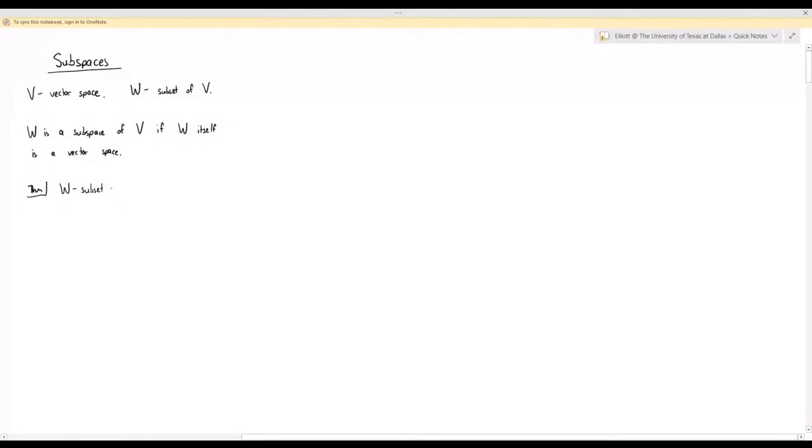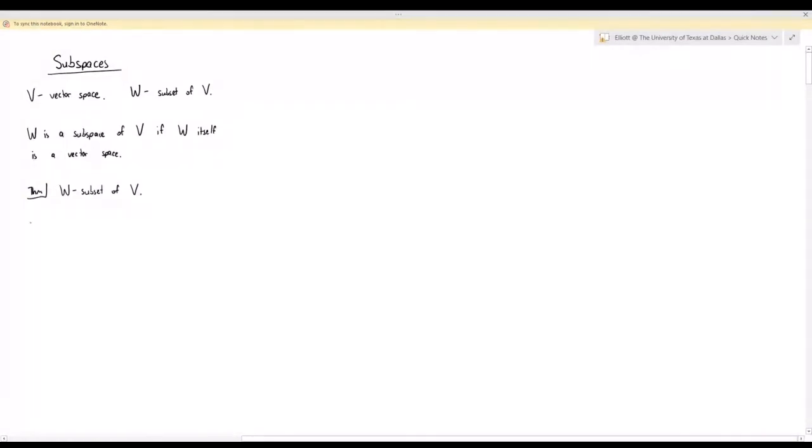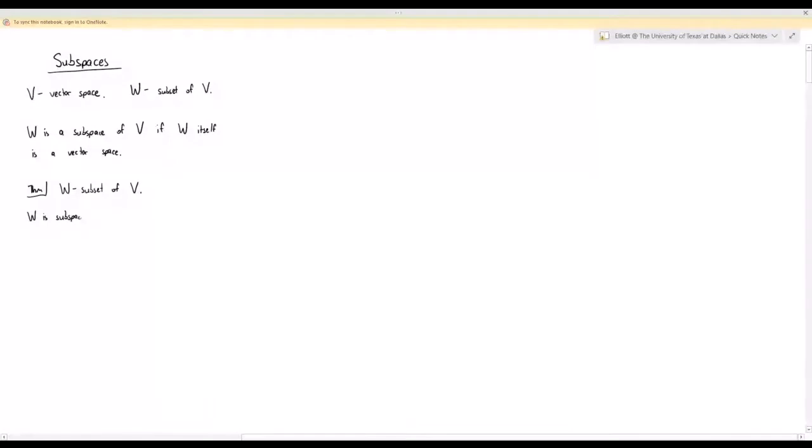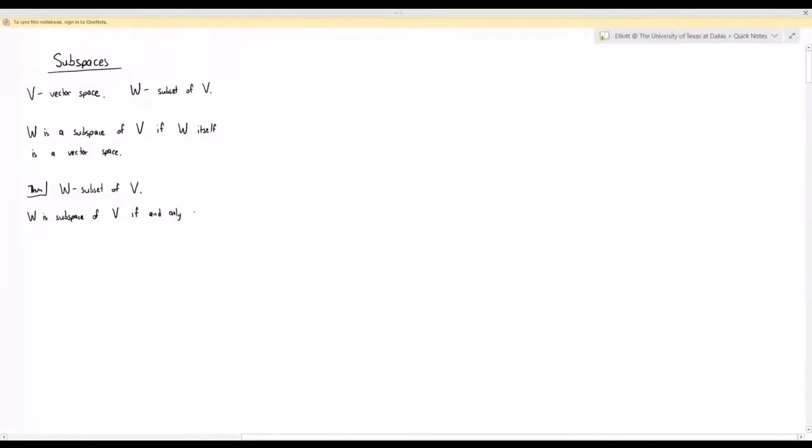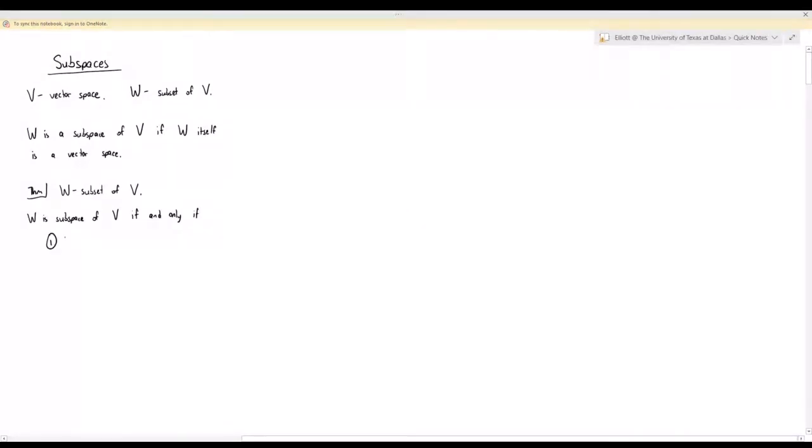Still the same context, W being a subset of a vector space V. This theorem says that W is going to be a subspace of V if and only if, first, W has to be closed under addition.